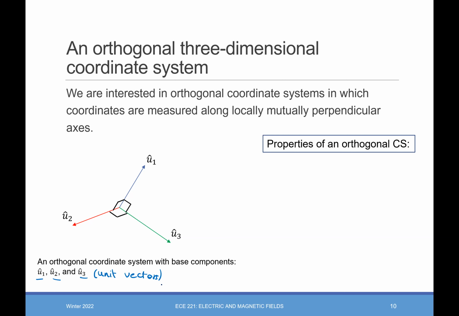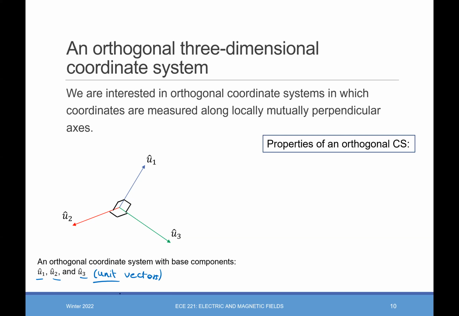And what do these unit vectors mean? First of all, from unit, what do you understand? When I say this is a unit vector, what does it tell you? 1. Exactly, thank you. Yes, magnitude is 1, right?